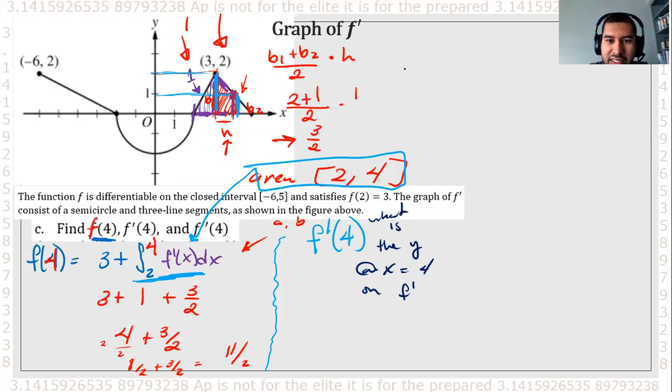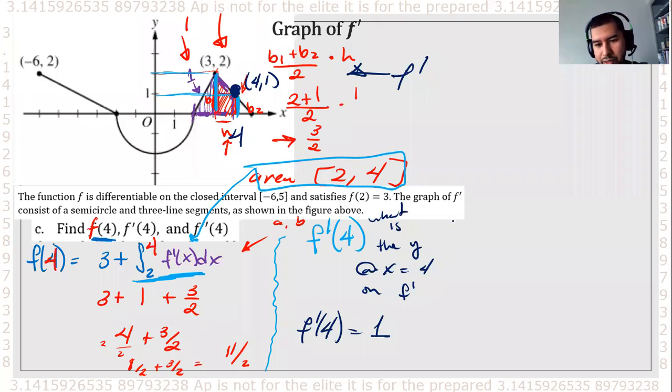Super easy, because the function f prime is this one right here. So at 4, what is that y value? Hopefully you see it. f prime of 4 is equal to 1. The height right here, the y value right here, is 1. This is 4 and 1.